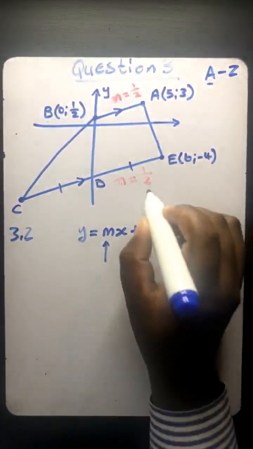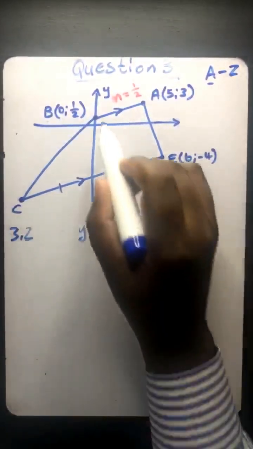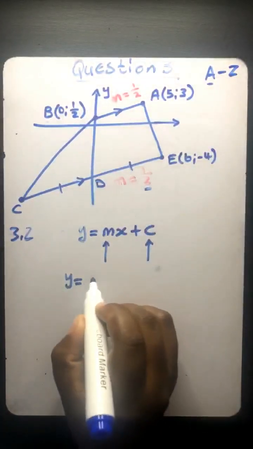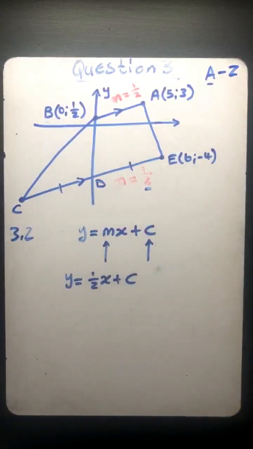Number one, we know that the gradient of that line is also half. Why? Because it is parallel to that line, meaning we already have y equals a half x plus c. So can you see? We've already substituted the first thing that we know. Since analytical geometry is a game of two things, what is the second thing that we know?